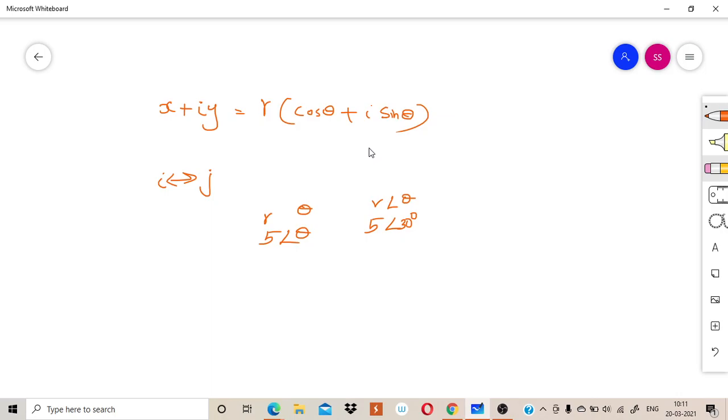If you convert that into rectangular form, apply this formula: r into cos theta plus j sin theta, so 5 into cos 30 plus j sin 30, which will be equal to 4.33 plus j 2.5.